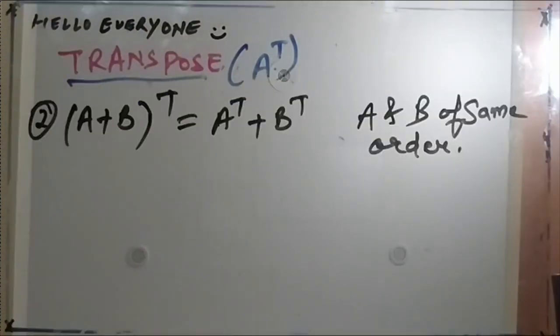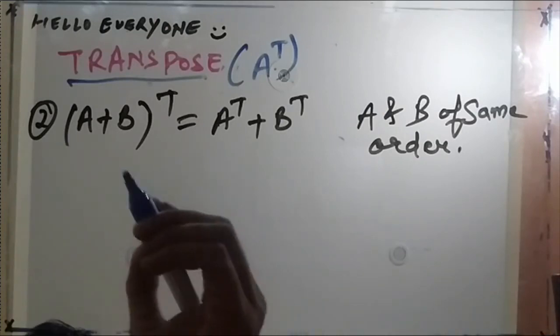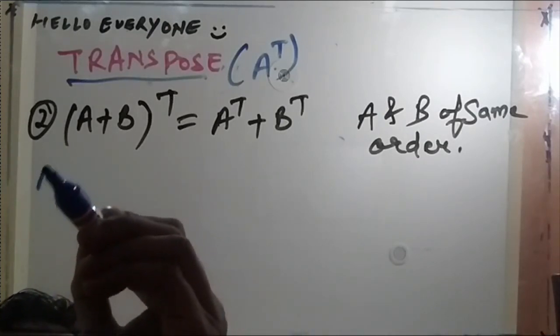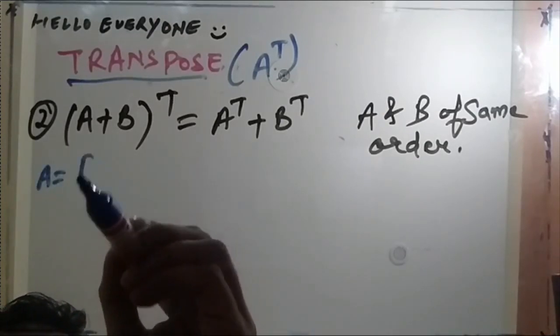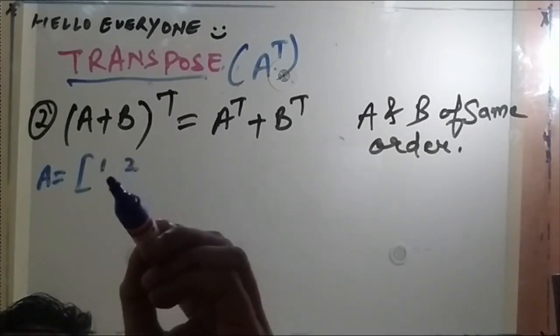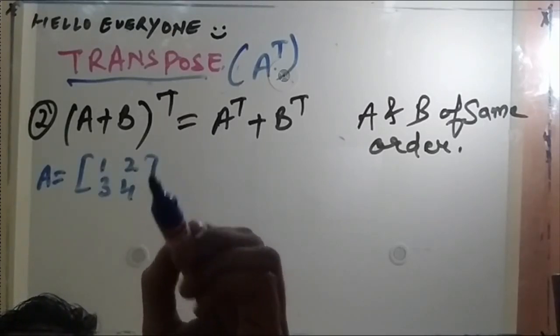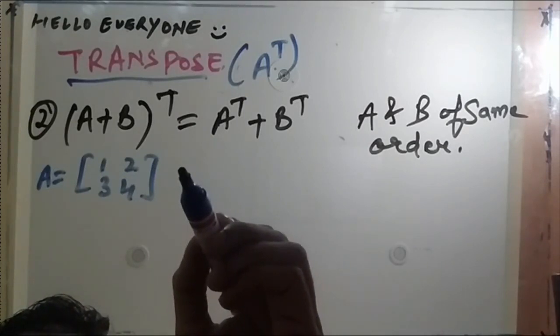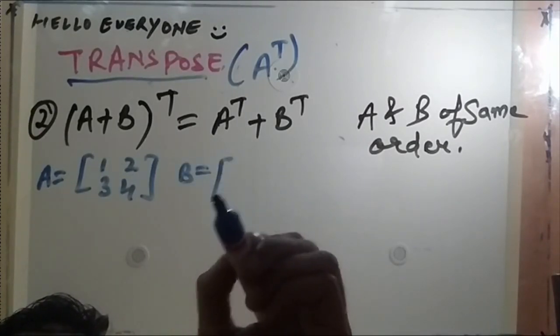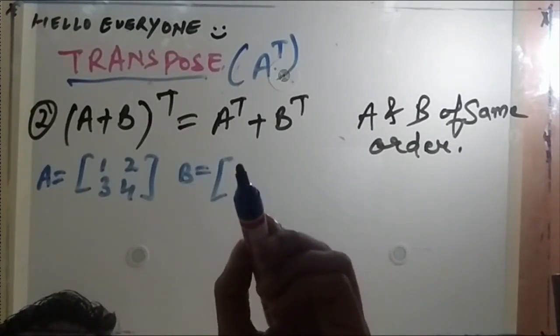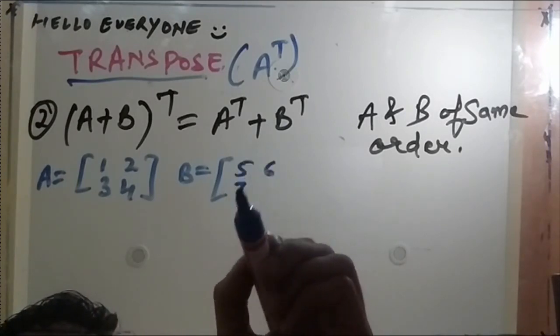Okay, so let's understand this property by an example. Assume a matrix A 1, 2, 3, 4, matrix B 5, 6, 7, 8.